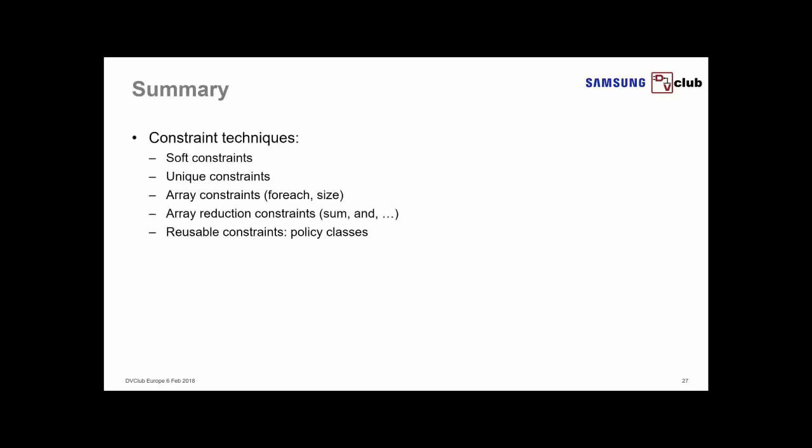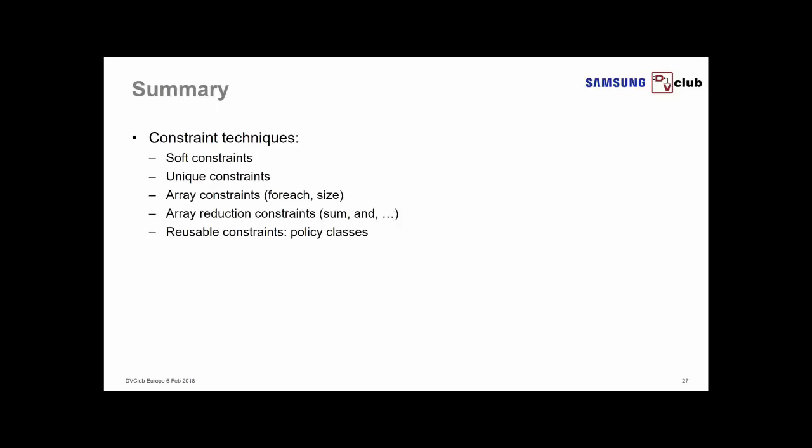So in summary, what we've talked about today is some different constraint techniques. Some of the newer features that SystemVerilog provides, or newer or maybe lesser known features, I should say. We talked about soft constraints, which can be overridden, and we talked about unique constraints.